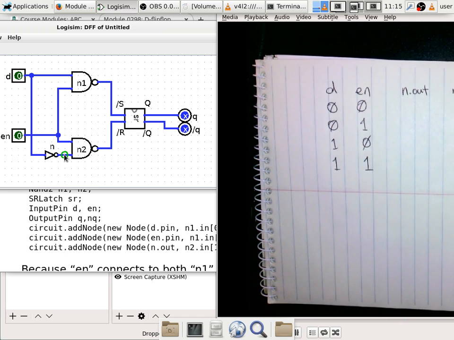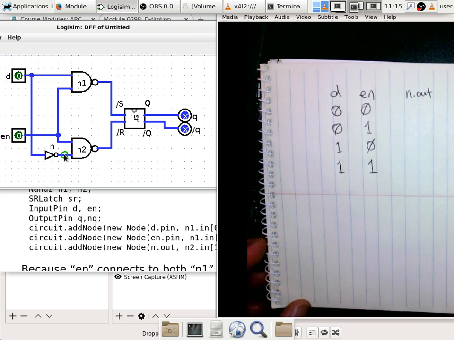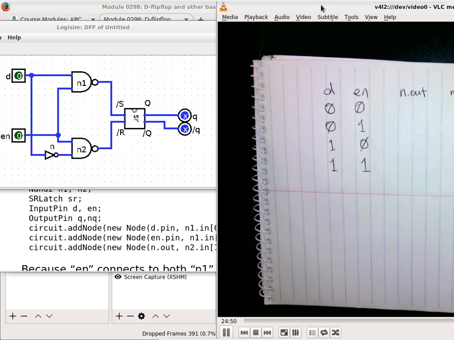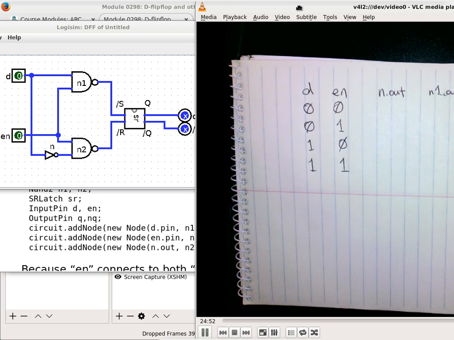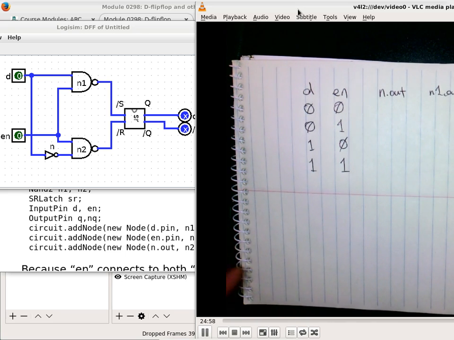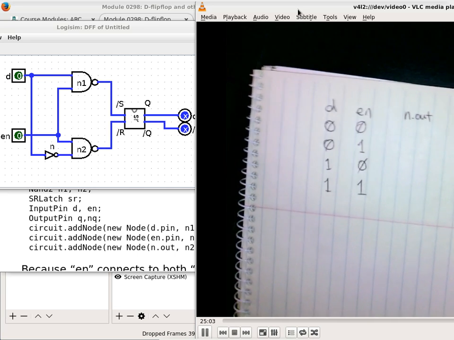Oh, you cannot see that. Let me see if I can move this. Have some empty space. I know, we can do it like that.